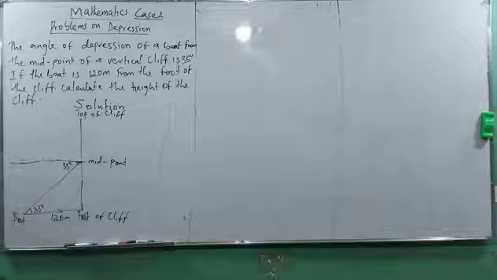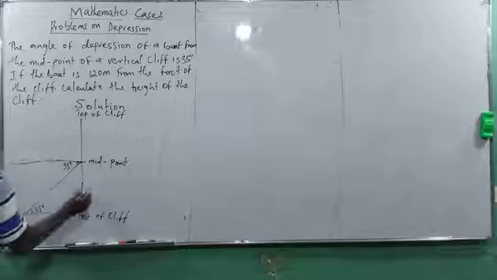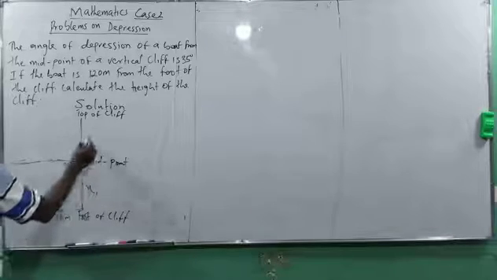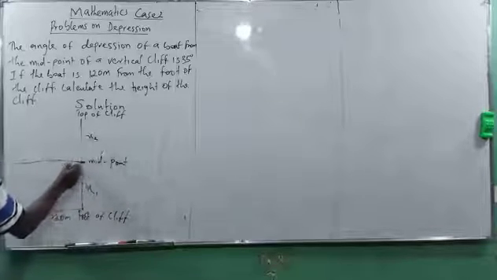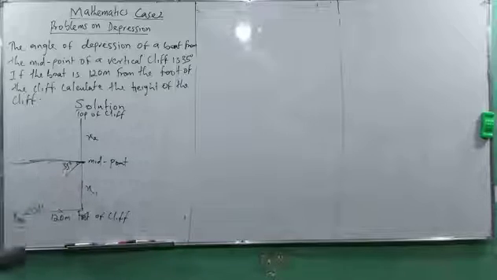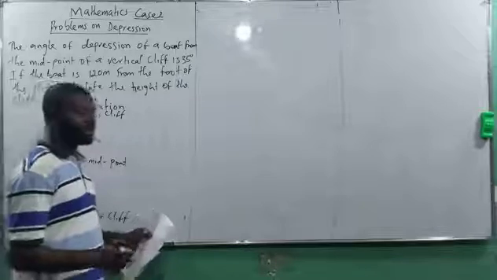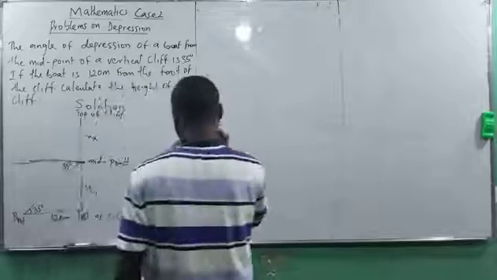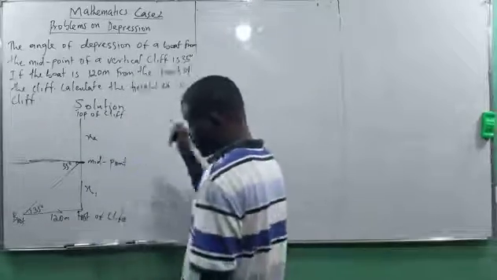Now since that is so, I can now say that here will be x1, here will be x2, and don't forget that this is the middle point, you know, where the line is being cut into two, because we need to apply that to solve our problem.